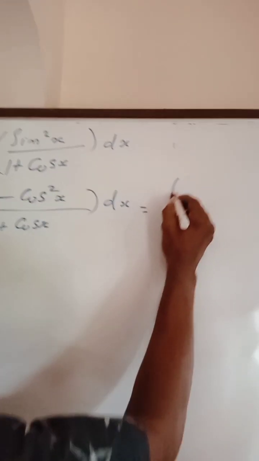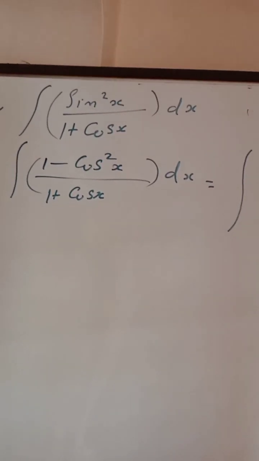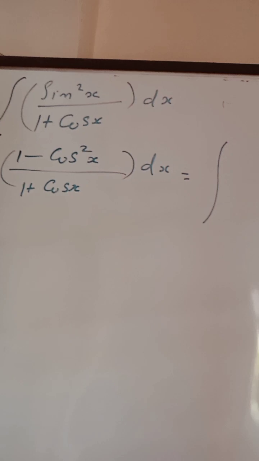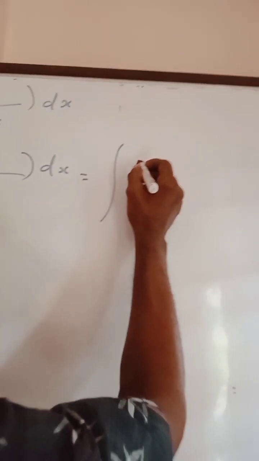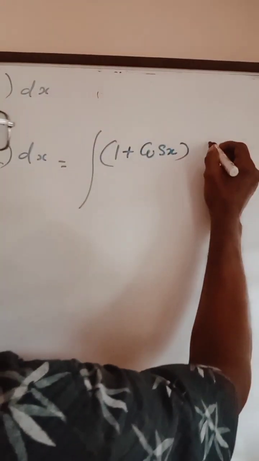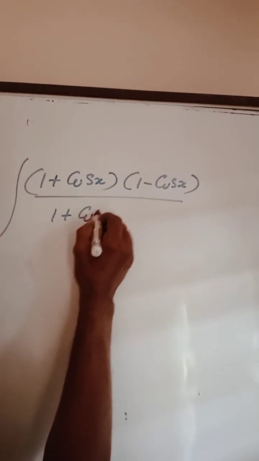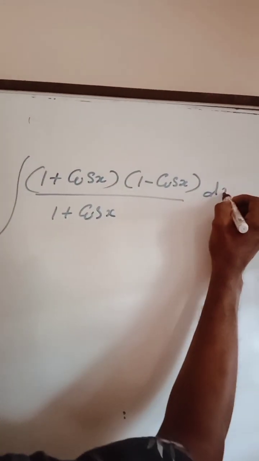We can write 1 minus cos squared x as 1 plus cos x into 1 minus cos x, divided by 1 plus cos x into dx.